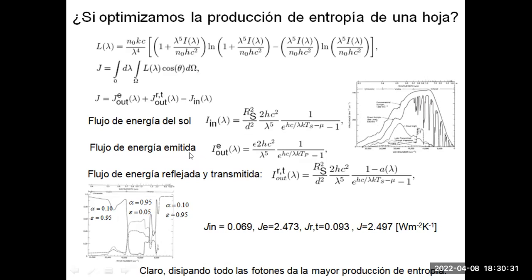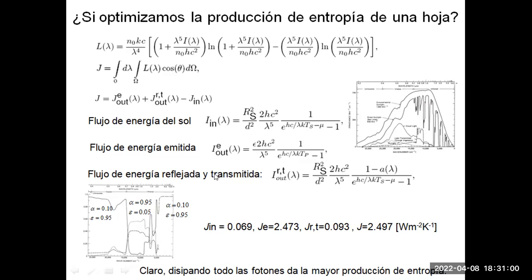And we can also do the same for the spectrum emitted by Earth. Given the temperature of Earth's surface and this black body equation for the spectrum, we can calculate the flow of energy from Earth due to absorption of the incident spectrum and then emission. But we also have a part which is reflected or transmitted.